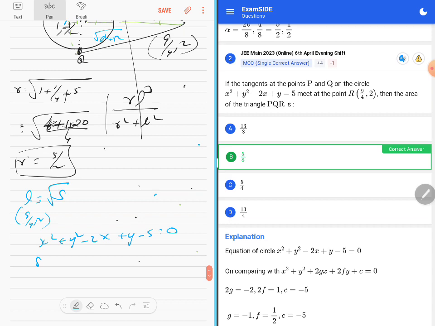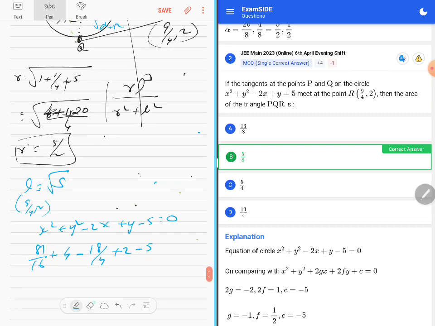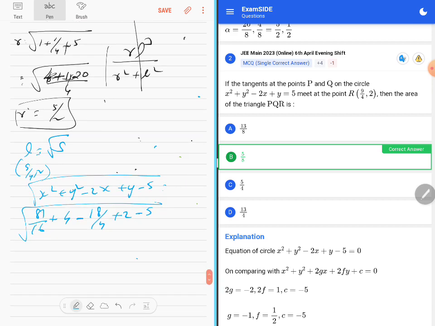So let's substitute into x square plus y square minus 2x plus y minus 5 equal to 0. So it will be 81 by 16 plus 4 minus 18 by 4 plus 2 minus 5. The root of this will give you your length. Let's try to solve it. 81 by 16 minus 18 by 4.